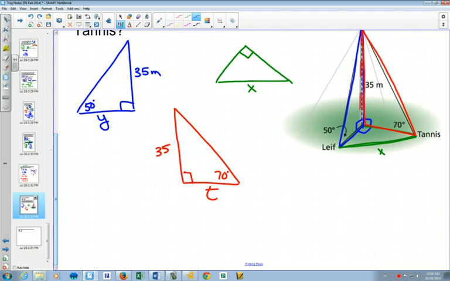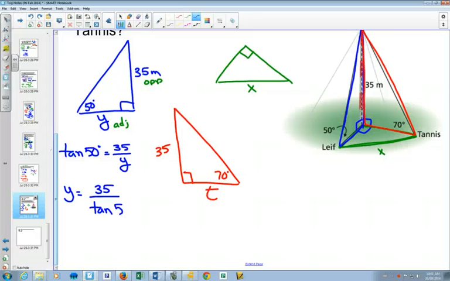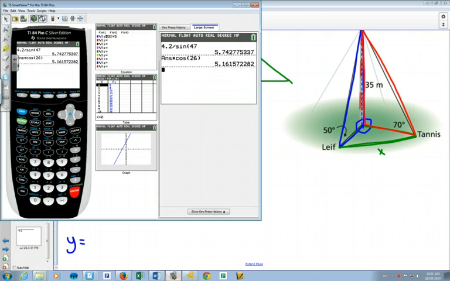I have this 50 degrees, so this y would be adjacent. The 35 would be opposite. So I set up my definition. I'll use tan. Tan of 50 is 35 over y. Multiply by y, divide by tan 50. 35 divided by tan 50.